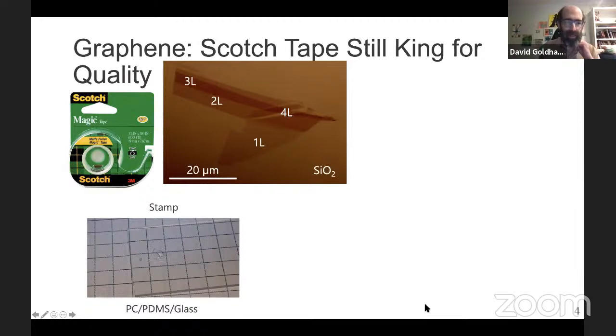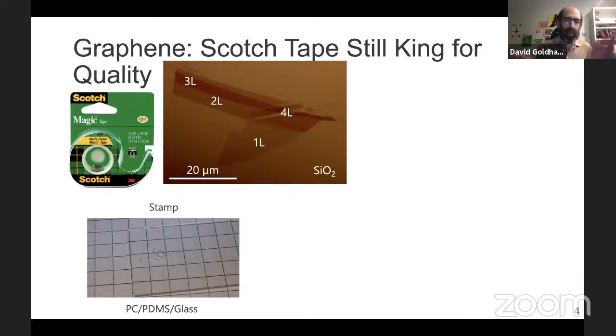It's done one at a time by students, and that involves taking the best single crystals you can find of some layered material, in this case graphite, and putting a simple piece of Scotch tape. This is Scotch magic tape, the version that Geim and Novoselov used originally, and it actually is still one of the best to use.